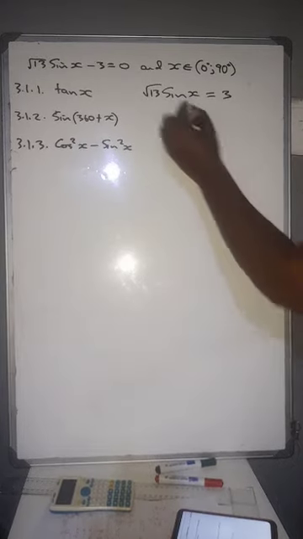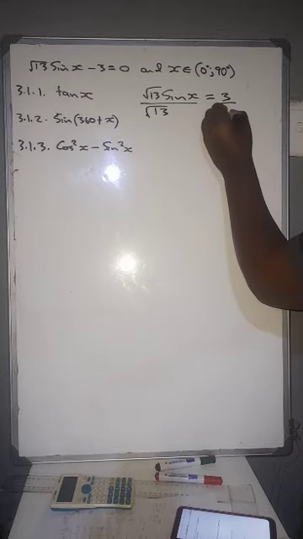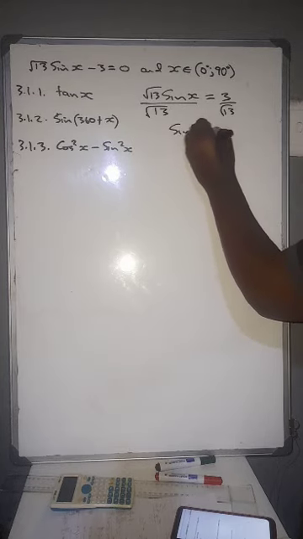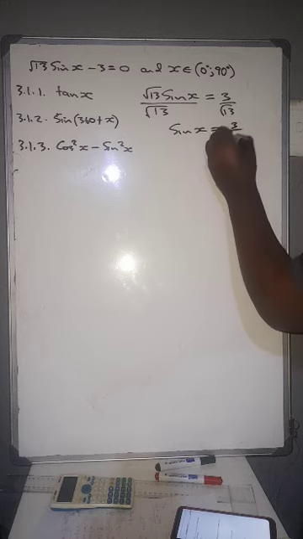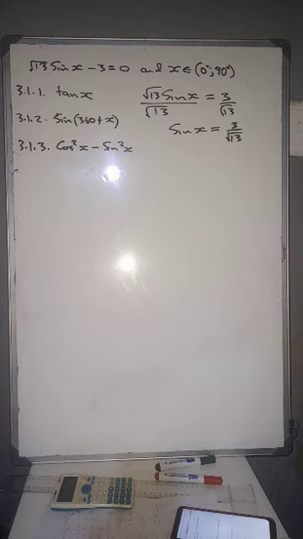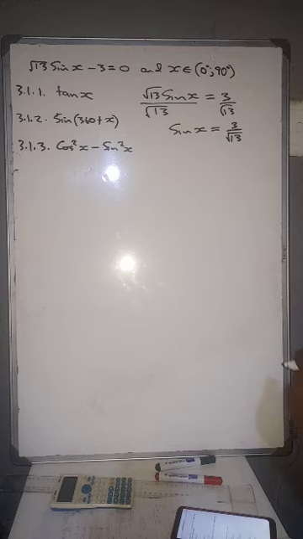It becomes positive, and then divide by root 13. So we are saying sine x is equal to 3 over root 13, and then we need to use this to draw the diagram, and this has told us that it is in the first quadrant.